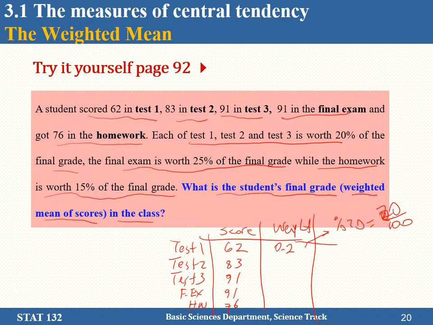Then it's 0.2 again, it's 0.2 here, and the final exam is 0.25 and 0.15 for homework. Then the question is, how can we get the weighted mean? The weighted mean is you have to multiply these scores with the weights.